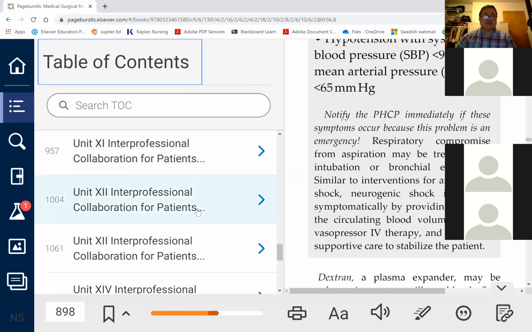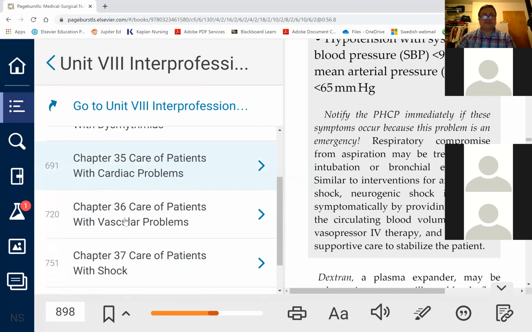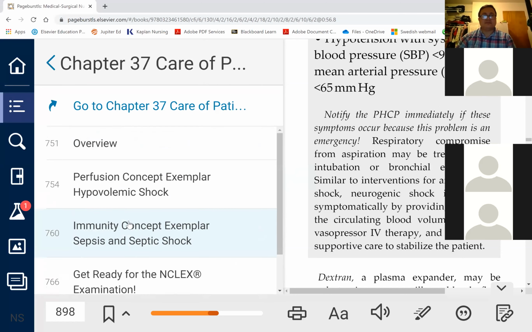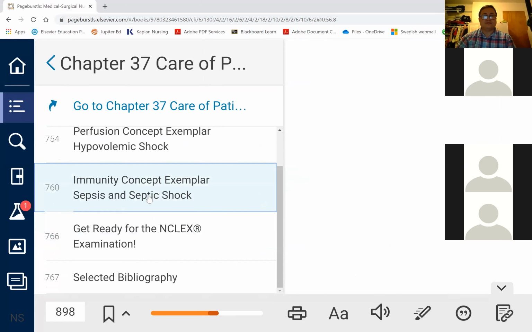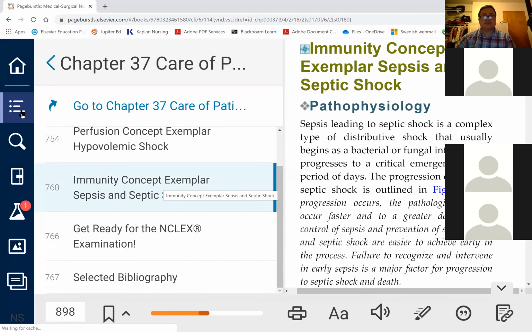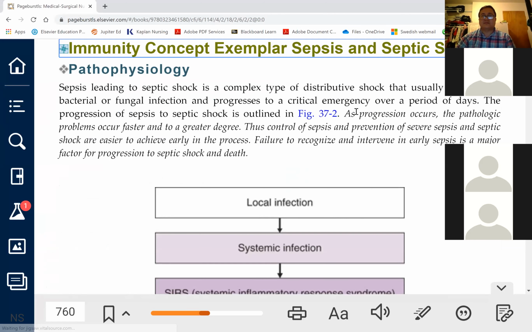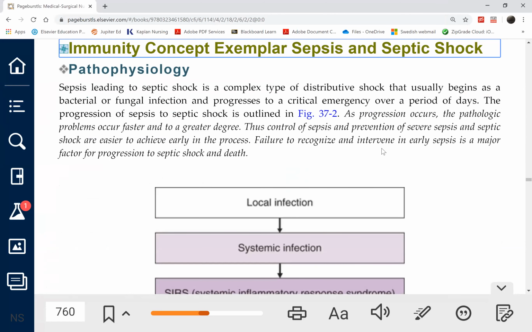Okay, let's go back to chapter 37 under sepsis. All right, I'll try to keep this simple.